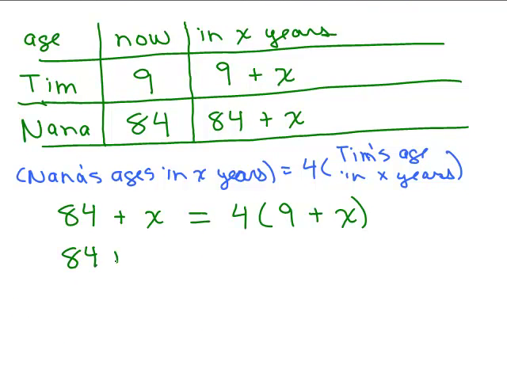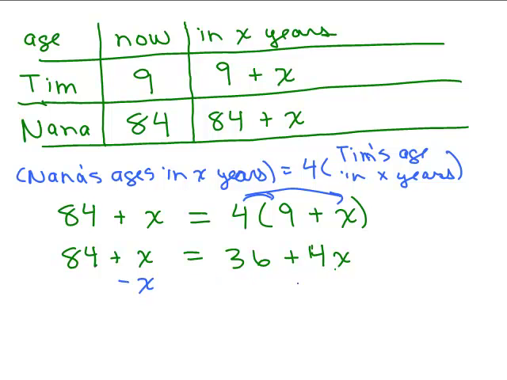So let's solve it. 84 plus x, let's distribute the 4, equals 36 plus 4x. So I have to get the variables on one side and constants on the other. Since 4x is on the right and that's bigger than x, I'm going to leave the variables on the right-hand side.